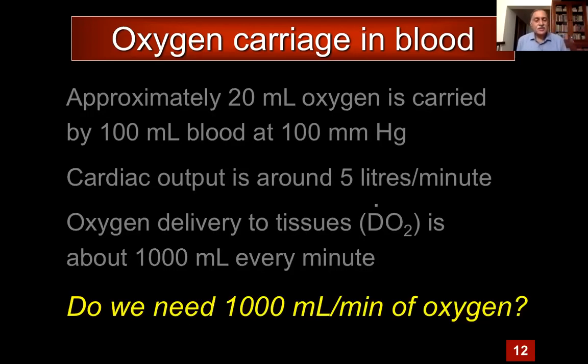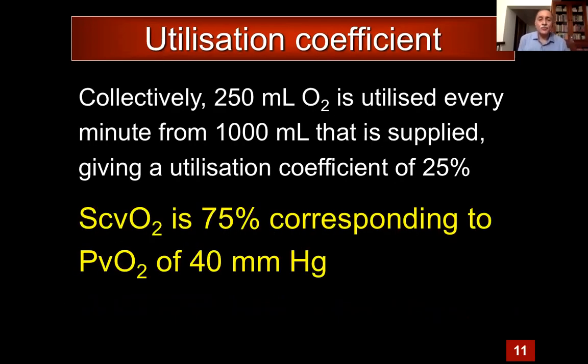Now the question is, do we really need this 1000 ml of oxygen? And the answer is no. The amount of oxygen we need is only 250 ml per minute. So collectively, all the tissues of the body put together extract about 250 ml of oxygen from the 1000 ml that is being supplied. And this gives us a utilization coefficient of 25%.